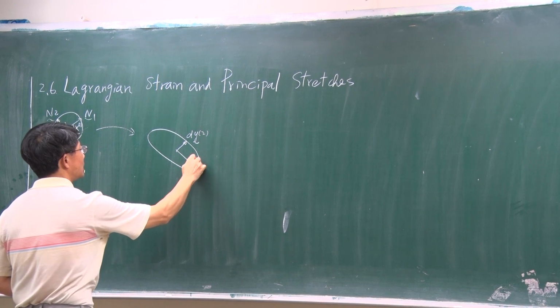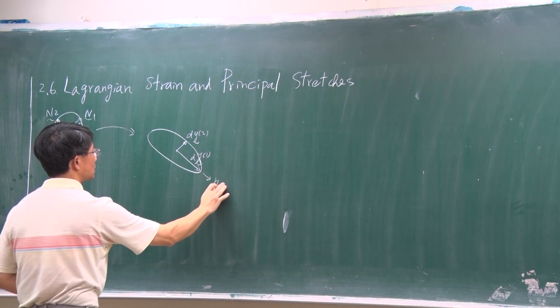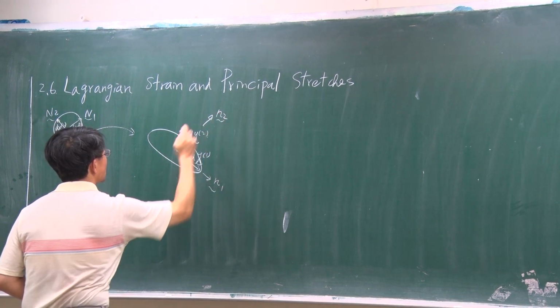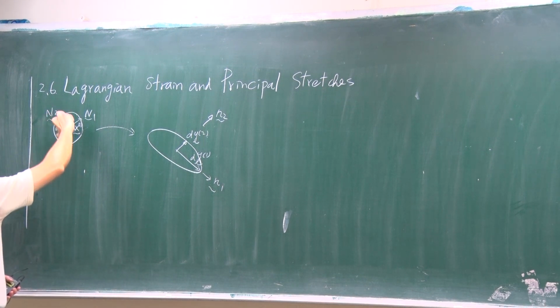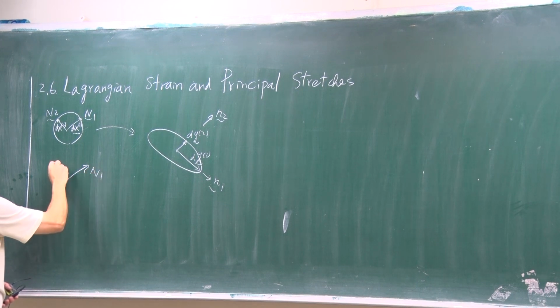We have two material lines in the principal direction. And then of course we have rotation from N1, N2.